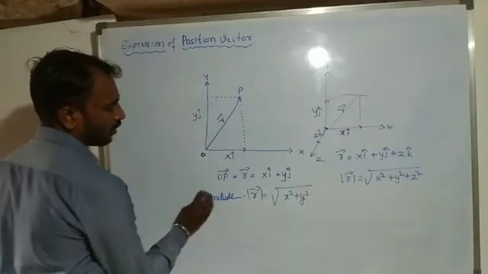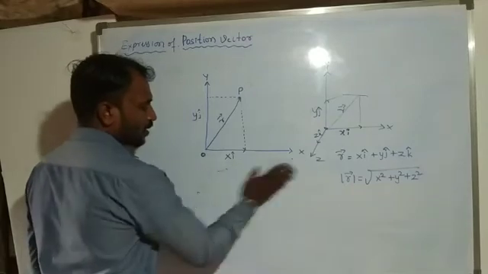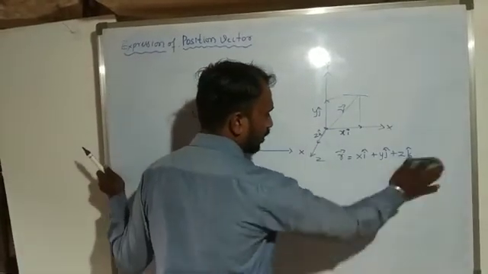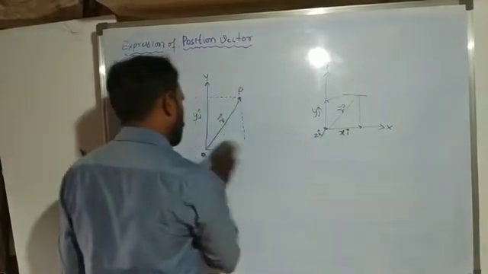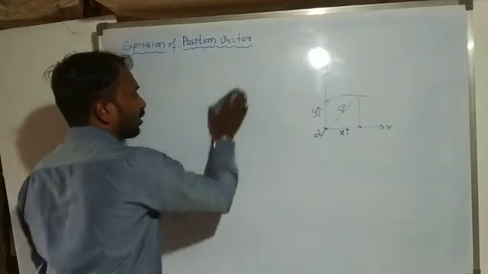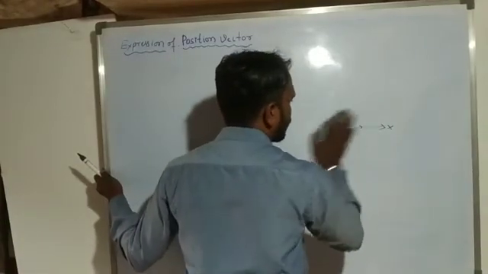Next one. Suppose two particles are present in the xy plane. Next one, addition of vectors by the analytical method. Suppose we consider two vectors present in the xy plane.